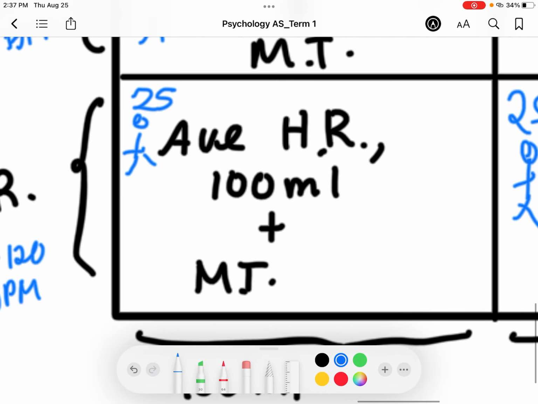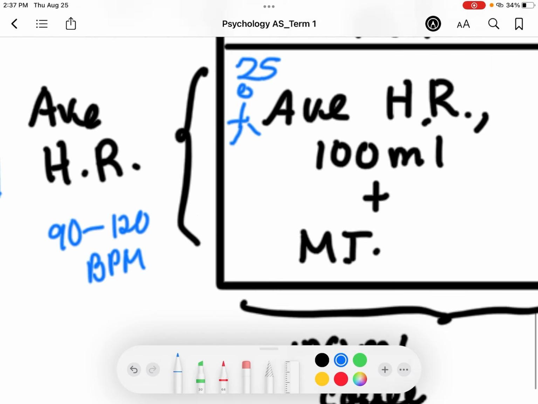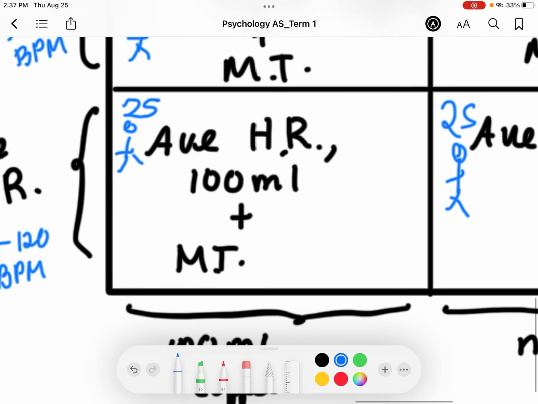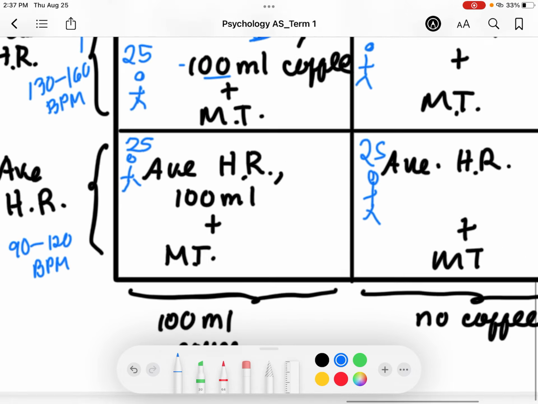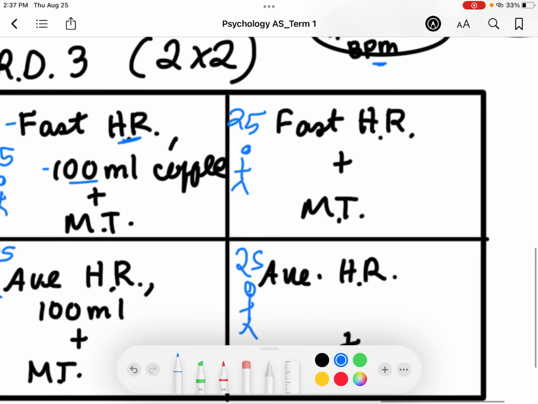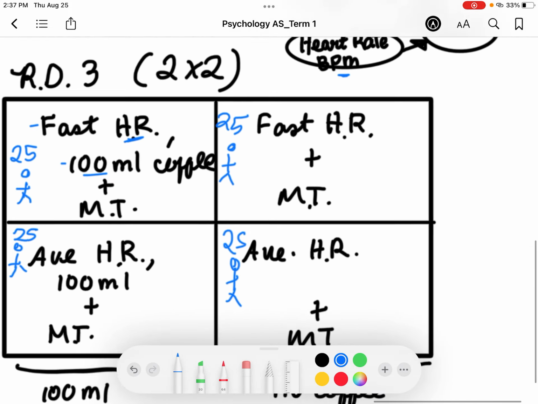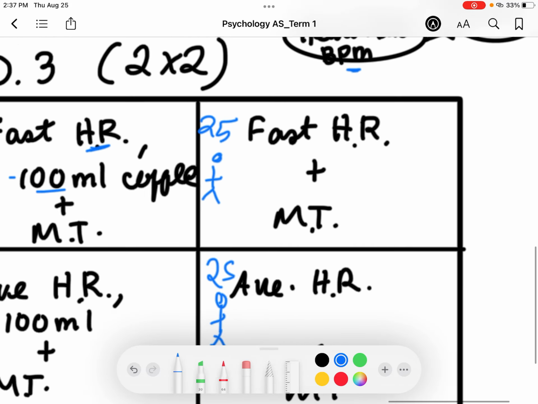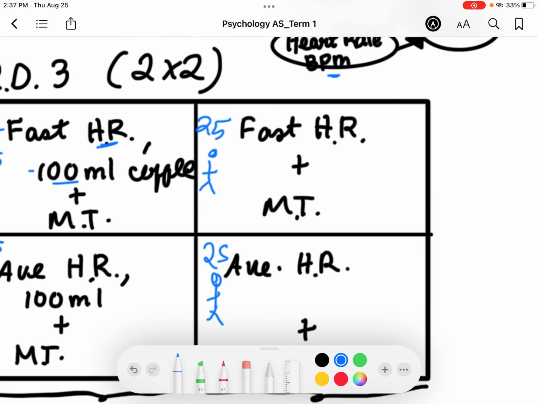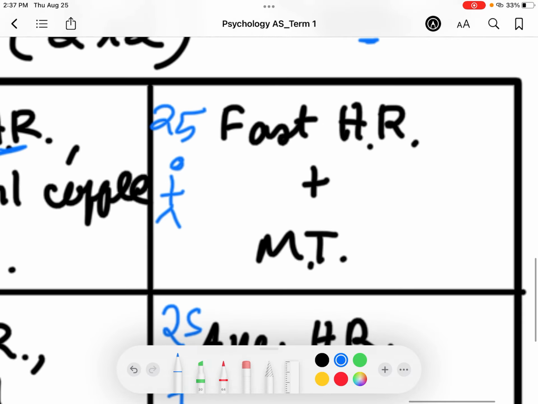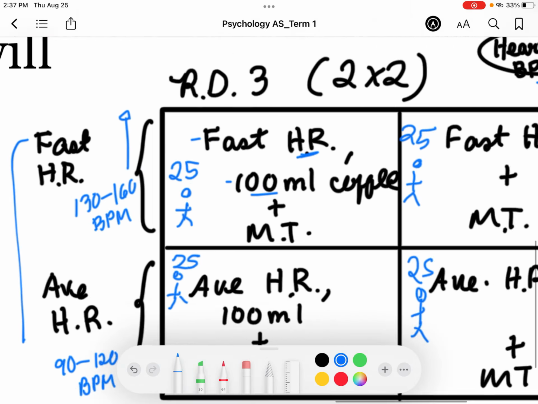Now next, let's look at average heart rate, 100 ml. They drink the coffee, you check the heart rate. If it is within 90 to 120 beats per minute, then you make them take the memory task. All right? Next. Now this is fast heart rate and the memory task. So you make them do simple exercises or just measure their heart rate.